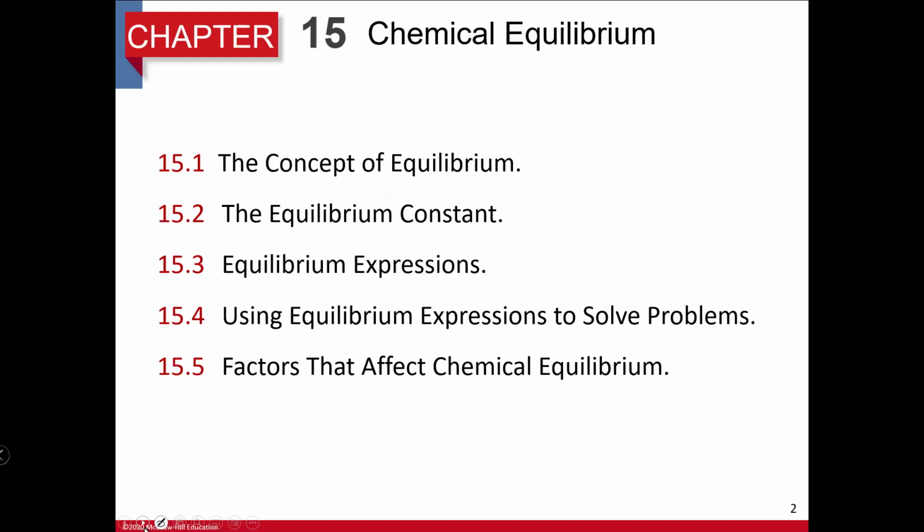So there's only 5 sections to this chapter. They're all very important. The first one is the concept of equilibrium. And let me just say, even if you're not a chemistry major, the concept of equilibrium is really important. In biology, they'll call it homeostasis. If you're in wildlife management, it's about predator-prey equilibrium.